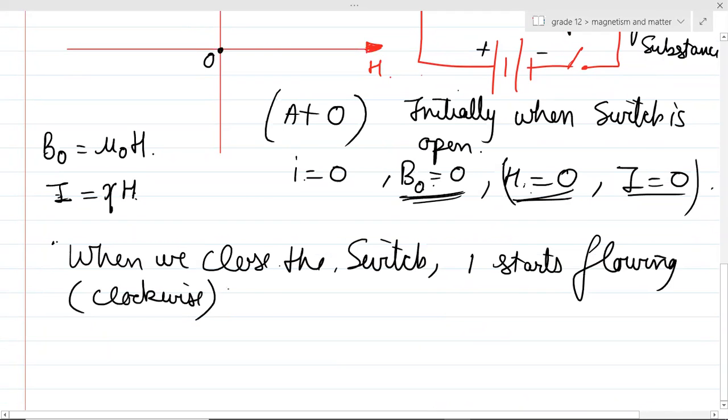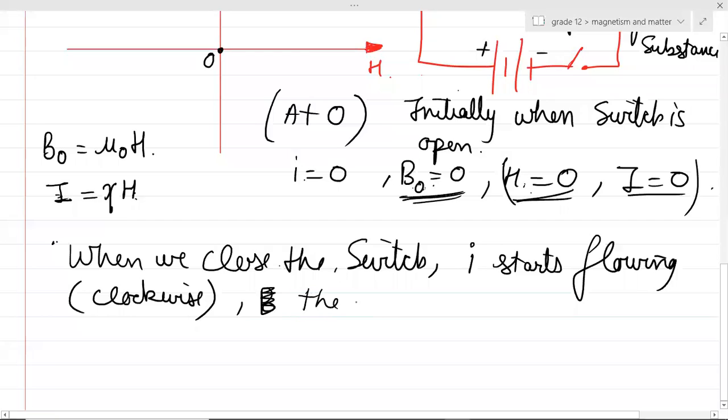If it is flowing in the clockwise direction, a magnetic field is produced, and whatever is the direction of that magnetic field, the same direction of H will be there, right? So what will happen initially when the current starts flowing?